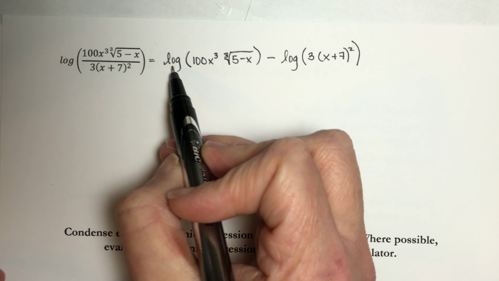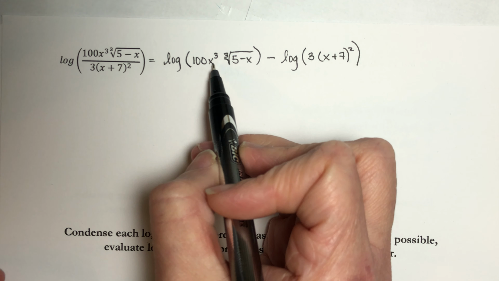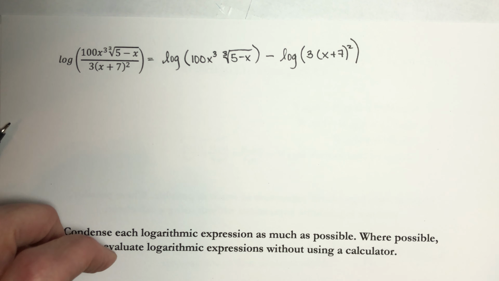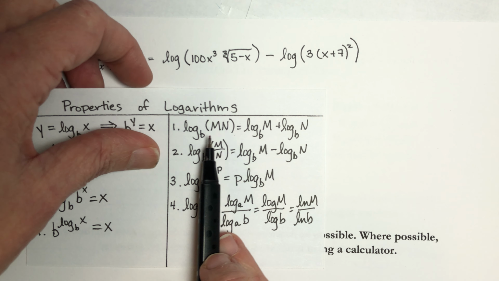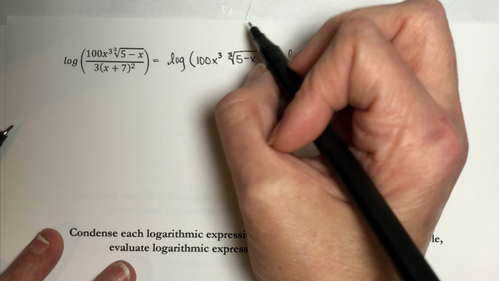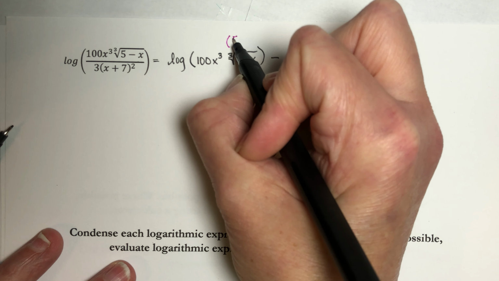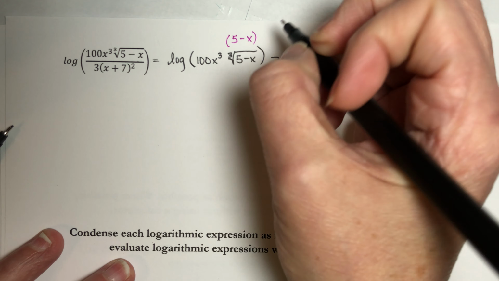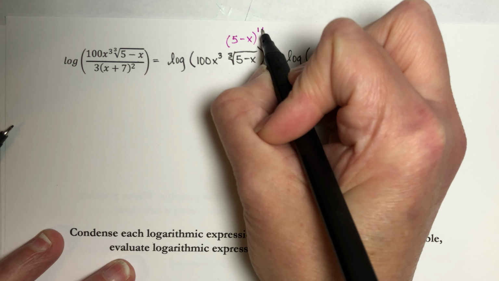What I have here is log of 3 things multiplied together. So that means I'm going to be able to split it up into 3. It is this property, but expanded to 3 things multiplied, not just 2. Also in this step, I'm going to note that the cube root of 5 minus x is the same thing as 5 minus x to the 1/3 power.